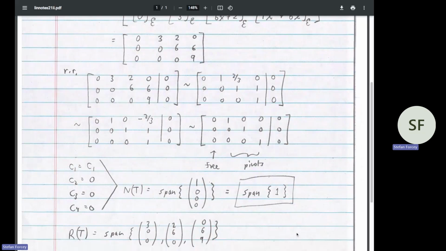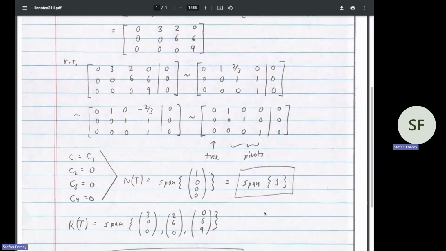So plugging in another constant multiplier times 1, like 7, still derivatives of constants are 0. So to get the range of T, we look back and see that we had 3 pivots.